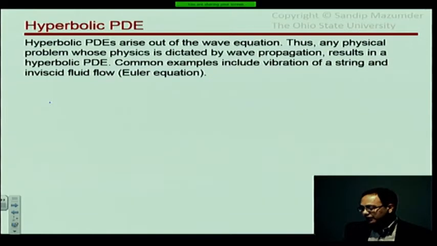Also, if you look at Maxwell's equations, which are equations of electromagnetic wave propagation, they are also hyperbolic wave equations. They have exactly the same structure as the wave equation that we are going to talk about. Of course, Maxwell's equations are vector equations, just like the Navier-Stokes equations for fluid flow.